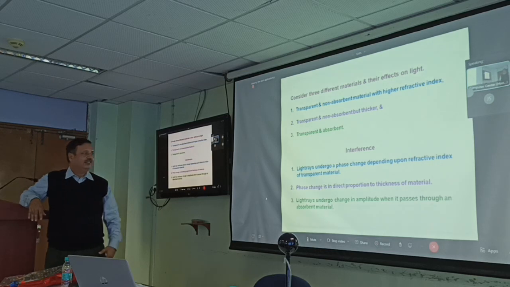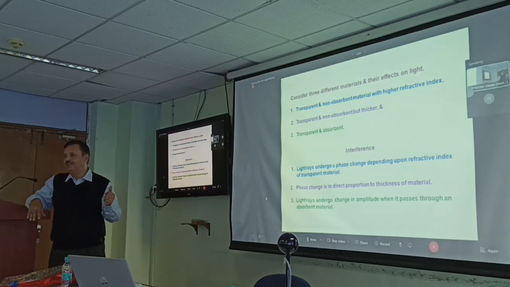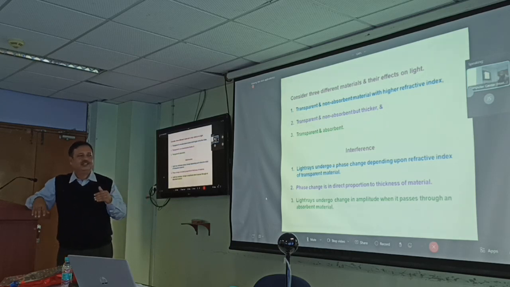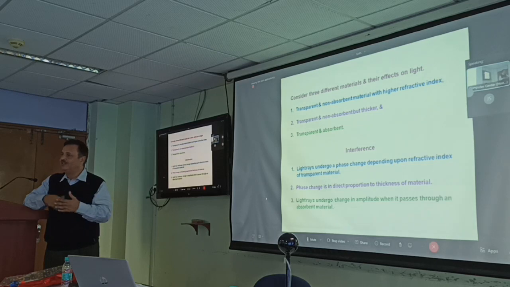So when we have this interference, what happens? In case of interference, light rays undergo a phase change depending upon the refractive index of the transparent material. Phase change is in direct proportion to the thickness of the material, because there is a relationship between phase difference and path difference.